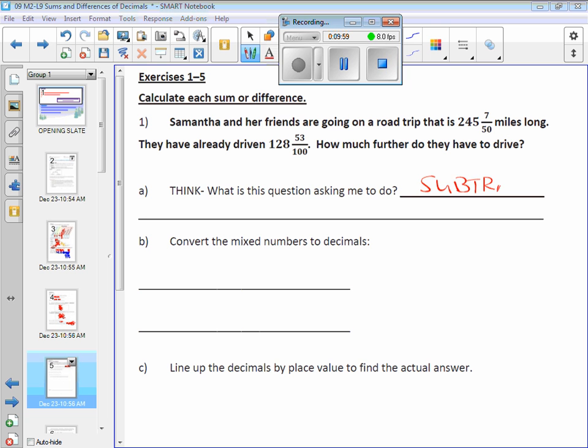Order matters, so subtract what from what? Max. 245 and 7/50 minus 128 and 53/100. That is correct. Okay. All right, let's convert the mixed numbers to decimals first.